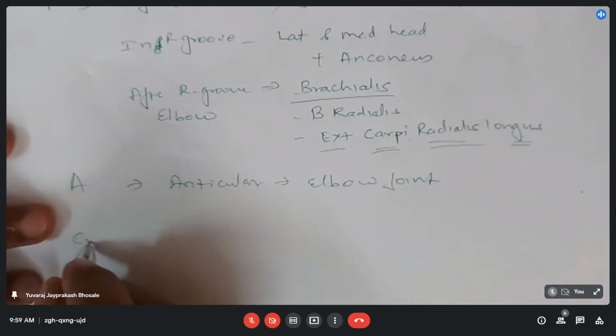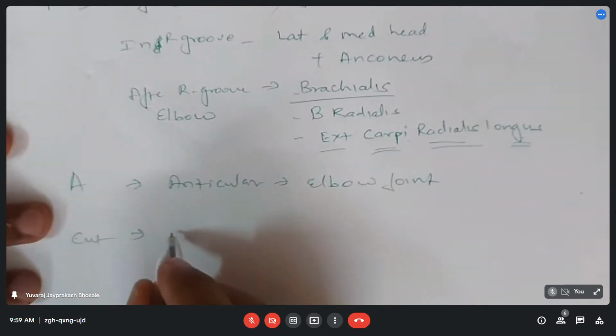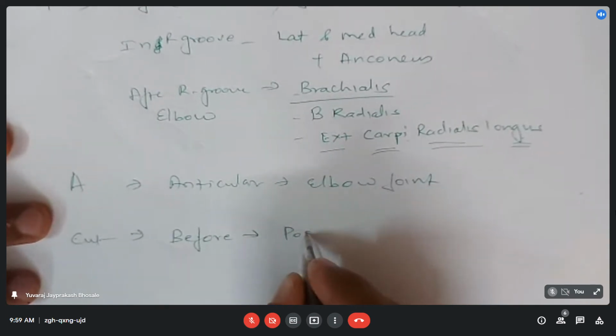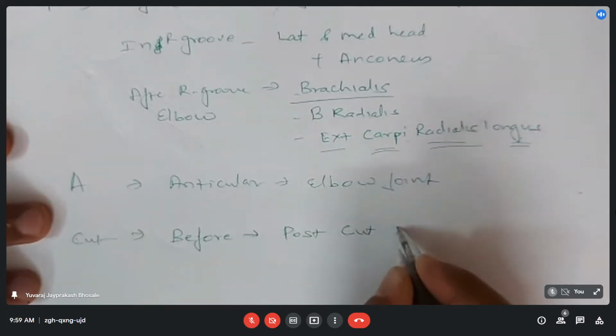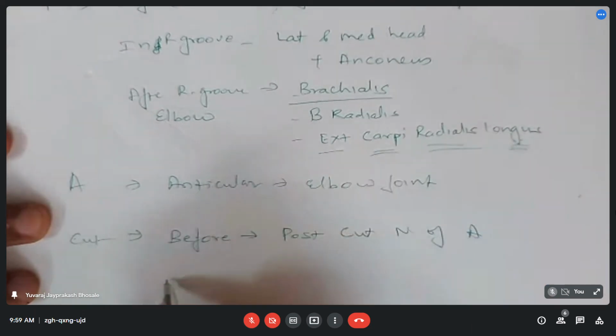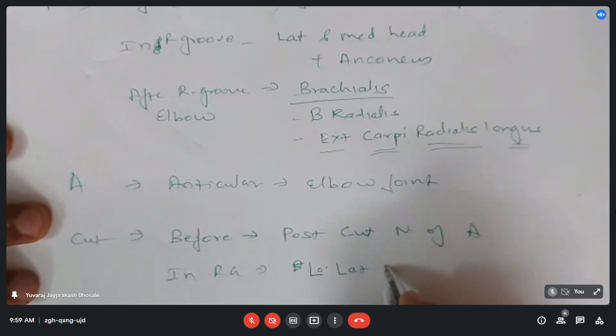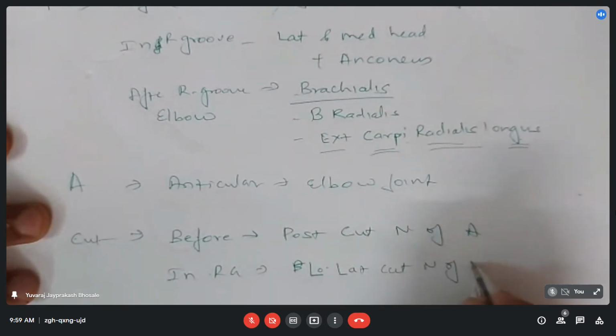Then cutaneous branches. Before the radial groove, there is a cutaneous branch called the posterior cutaneous nerve of arm. In the radial groove, there is a branch called the lower lateral cutaneous nerve of arm.